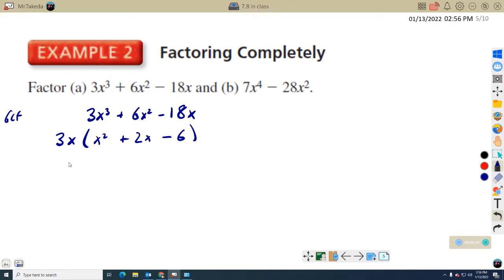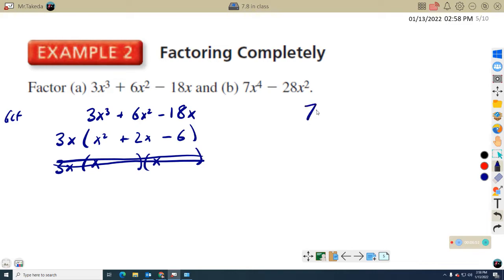Then, simple factorable, x and x. I need a pair of numbers that multiply to equal -6, but add to equal +2. And that's going to be, it's going to be done is what it is, right? I can't factor anymore. So that one's done. That's just almost just like a GCF problem.